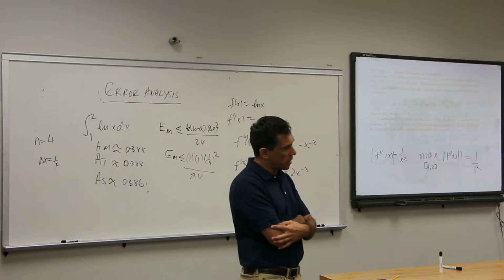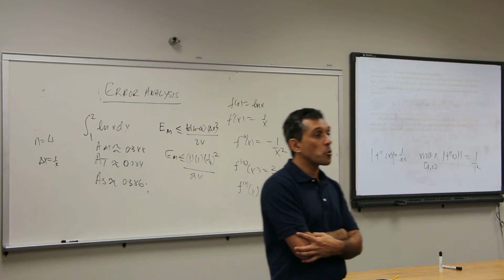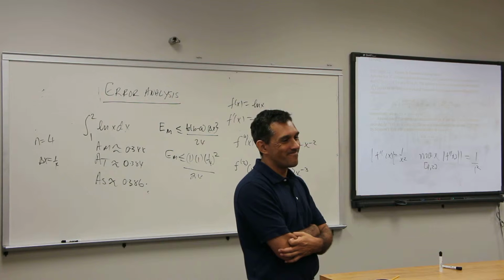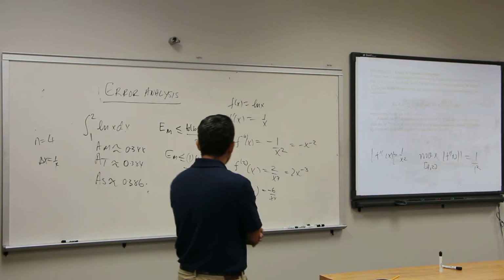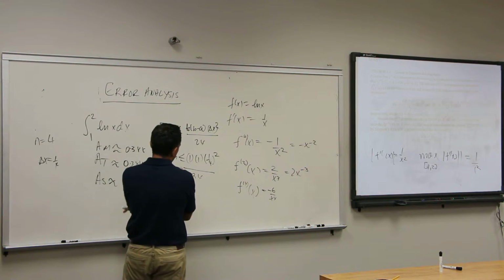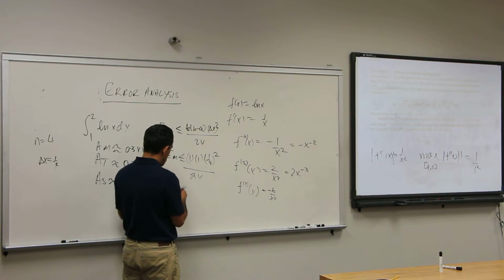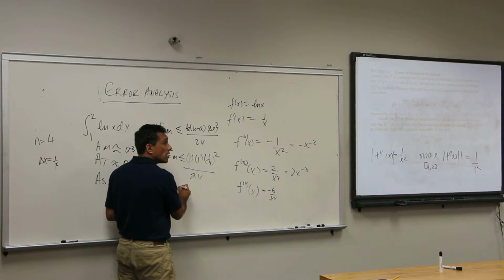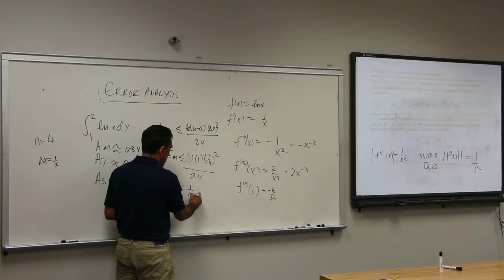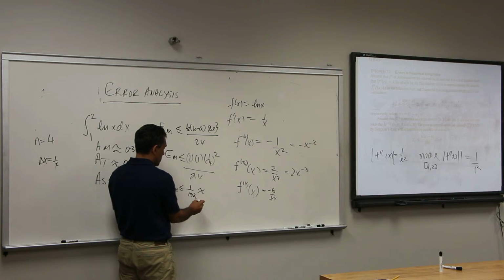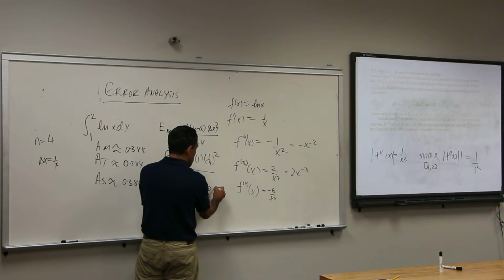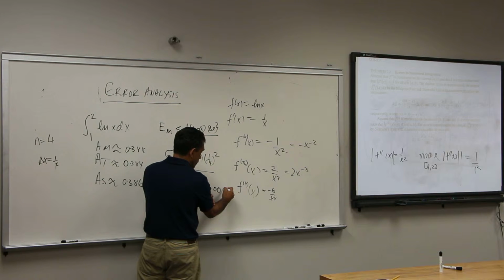It's pretty small. Anybody work that out? 1 over 192. Okay, which is approximately what? 0.0052.